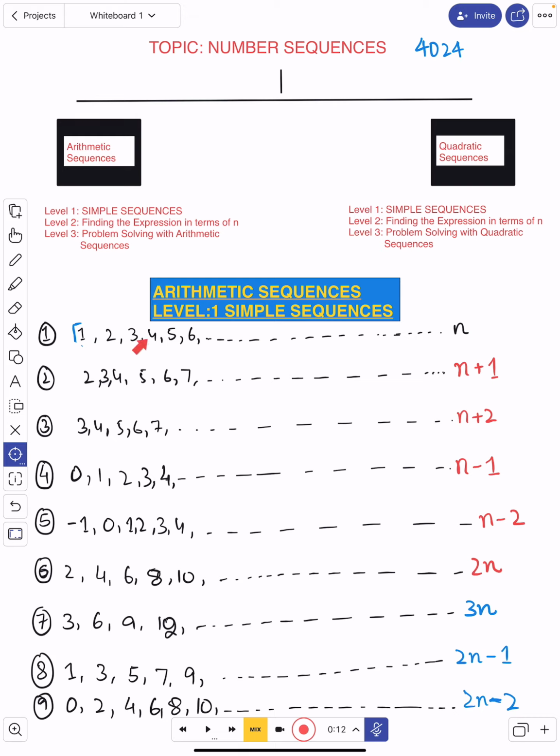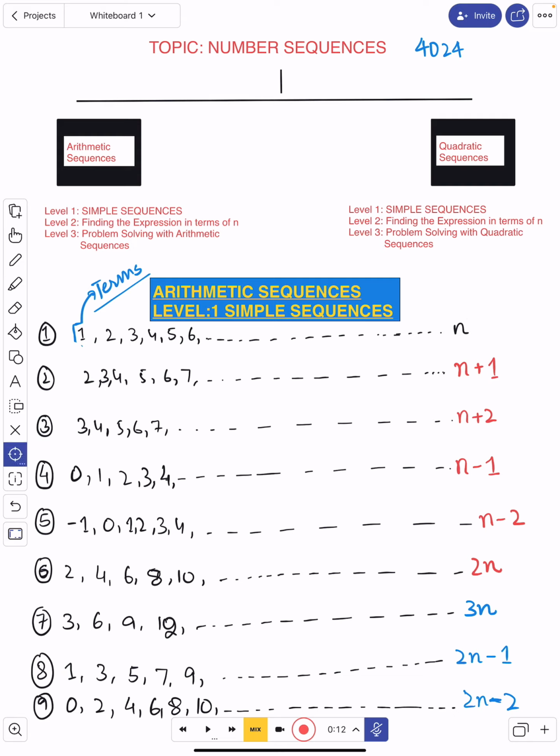So 1 2 3 4 5 6 7 8 9 10 11 12 and going on and on will be expressed as n, the nth term: term number 1, term number 2, term number 3. All these numbers in the sequence are called terms.